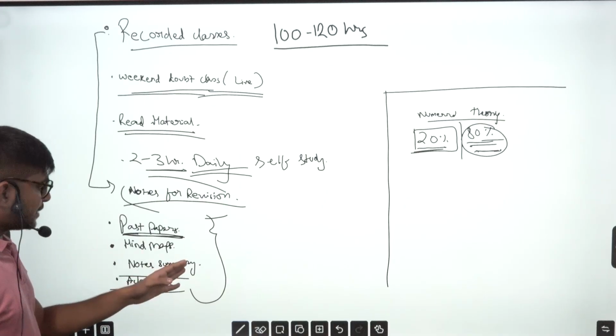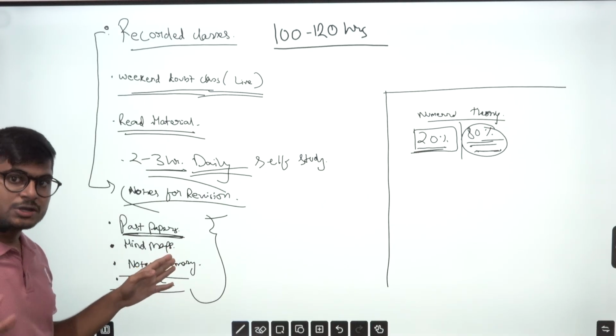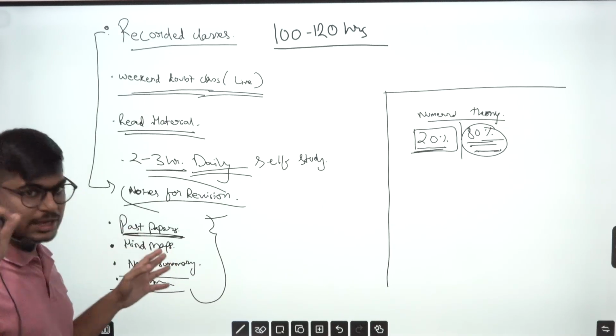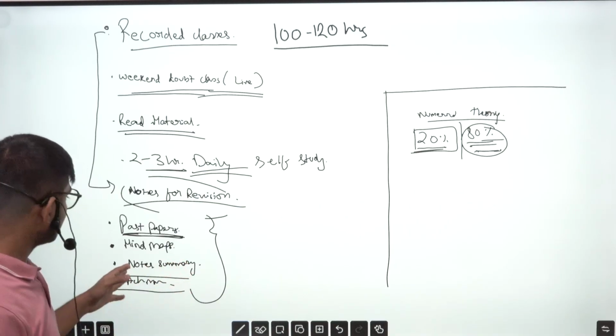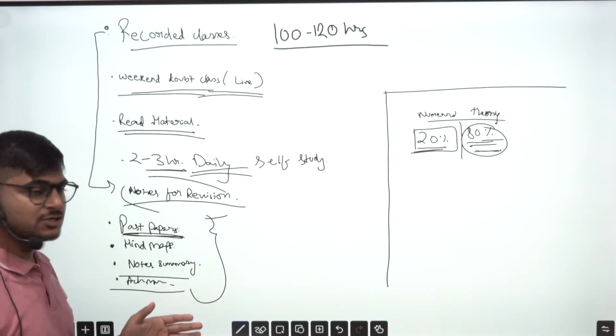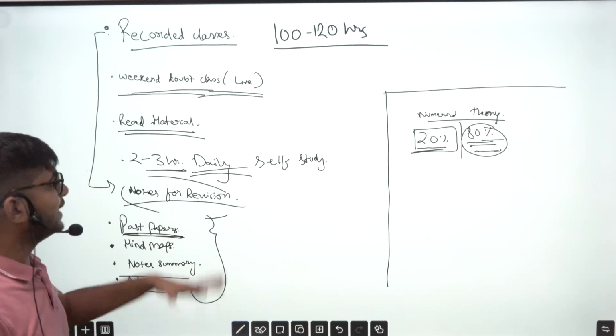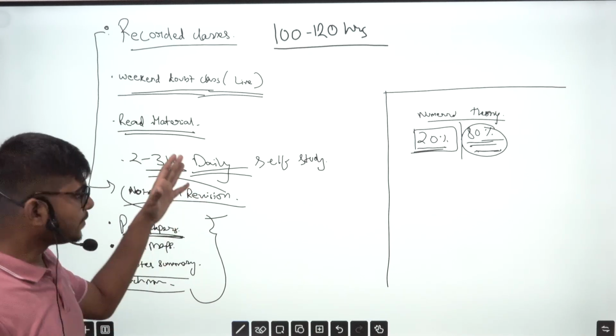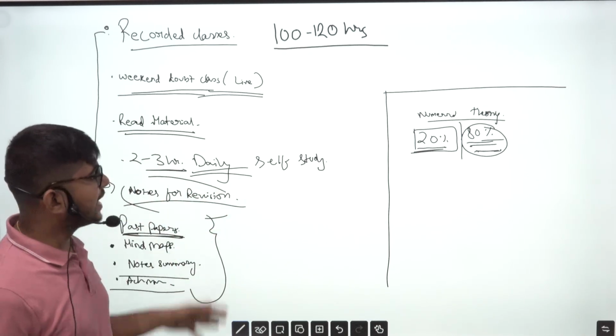We have mind maps to aid your understanding and help you memorize well. We have note summaries and acronyms, a set of acronyms which will help you understand and remember the entire syllabus.